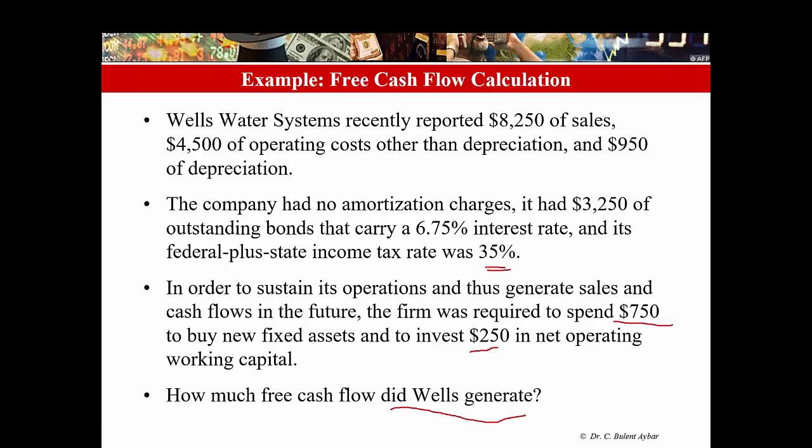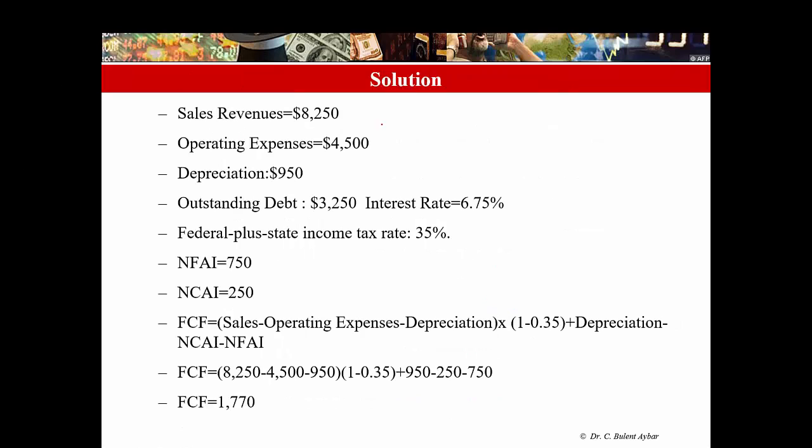So we have all the information that we need. We have the information that will allow us to calculate net operating profits after tax. We have the information about net fixed asset investments, and also the investment in working capital requirement, the change in working capital requirements. So sales revenues are $8,250, operating expenses are $4,500, depreciation $950.